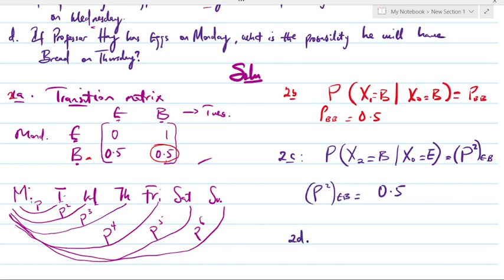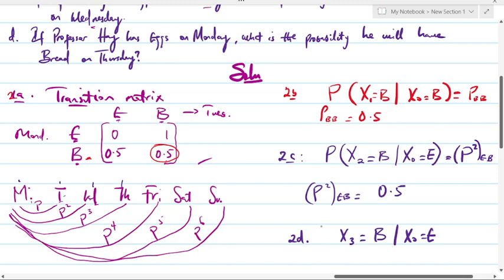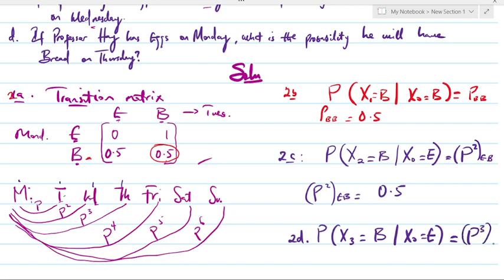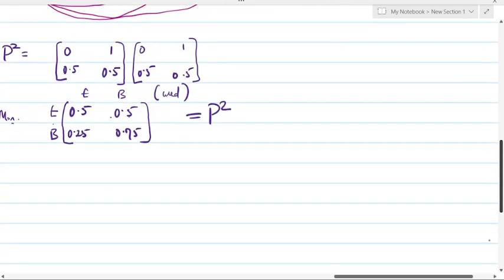Question 2D. If Professor A has eggs on Monday, X0 equals egg, what is the probability we have bread on Thursday? That is X0, X1, X2, X3. So X3 equals bread on Thursday, that is over 3 steps. So the probability over 3 steps, going from egg to bread.